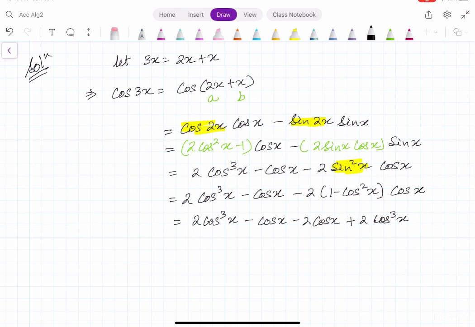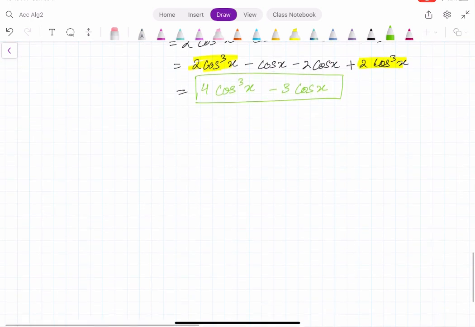And let's combine 2 cos cubed x with 2 cos cubed x. That will be your final answer. Let's take one more example.